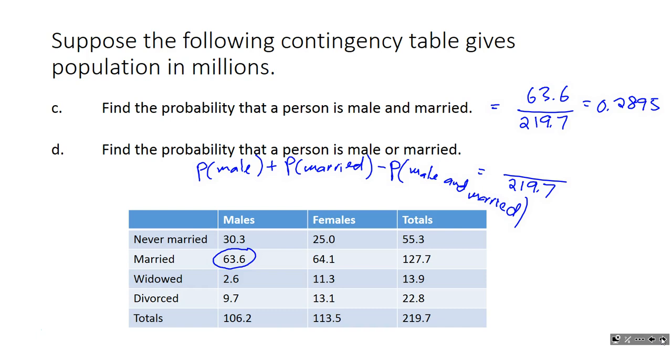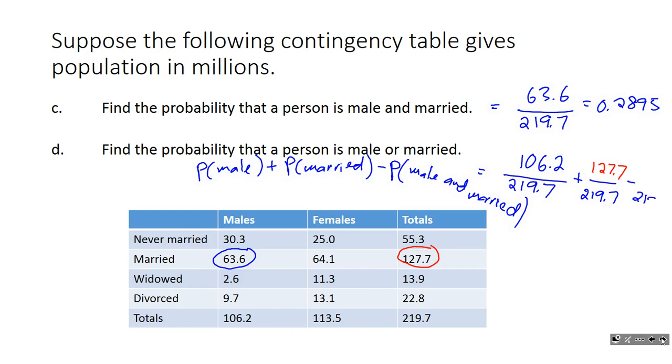The probability that a person is male, let's see, that would be 106.2, because that's how many males there are out of the total population. Next, same denominator, what's the probability that a person is married? Well, here I would be grabbing the 127.7. That's how many married people we have total out of all the people.